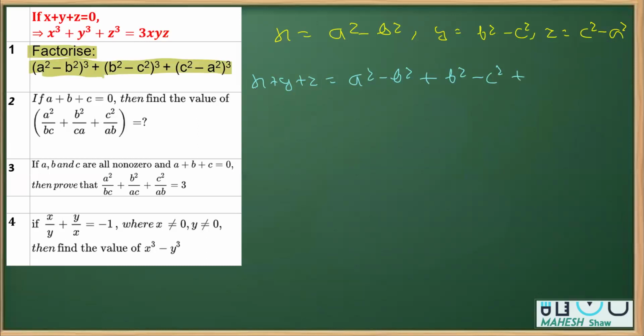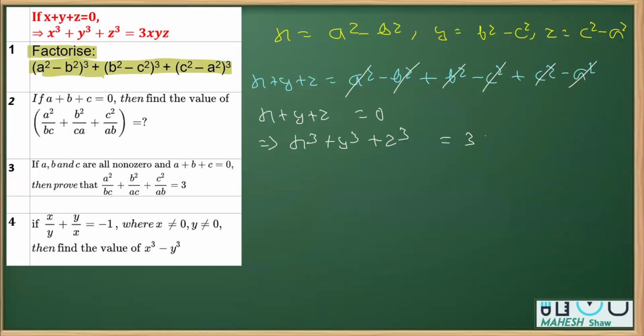And if you plug in z as c square minus a square, you'll find that a square minus a square gets cancelled, so do b square and c square. So what do we get here? We got x plus y plus z as 0. It implies that we can write x³ plus y³ plus z³ should be equal to 3xyz.